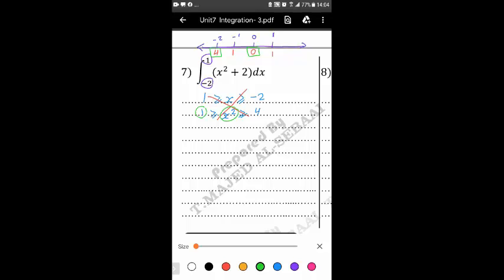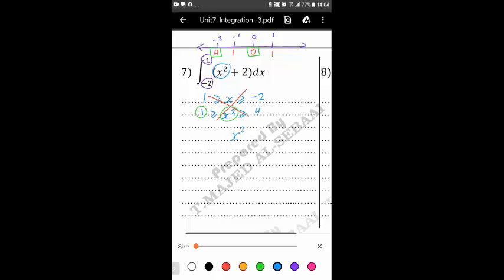So listen to me. When you have a negative number in the limits of the integration, the rule says just write x squared, and put x squared in the middle.